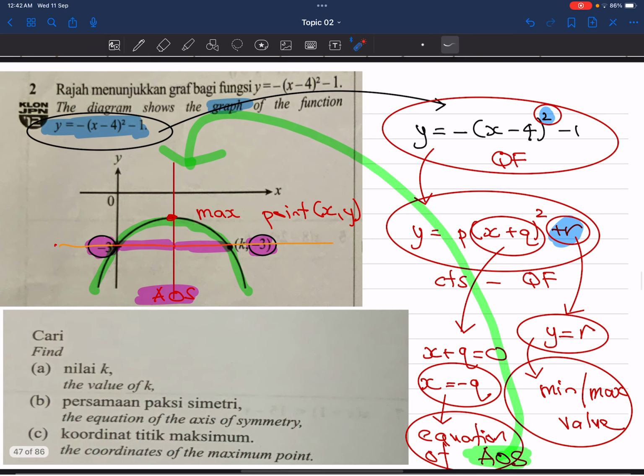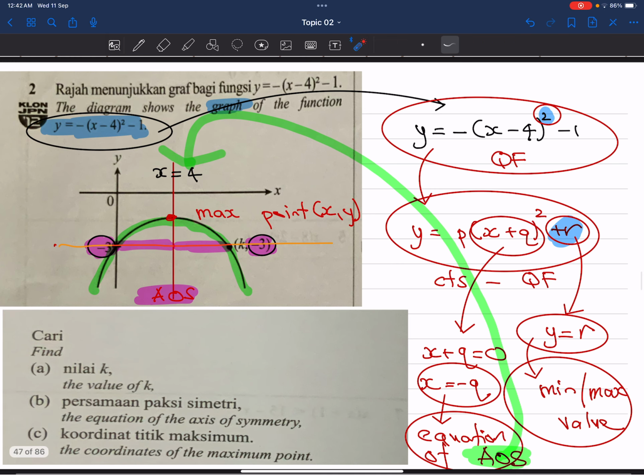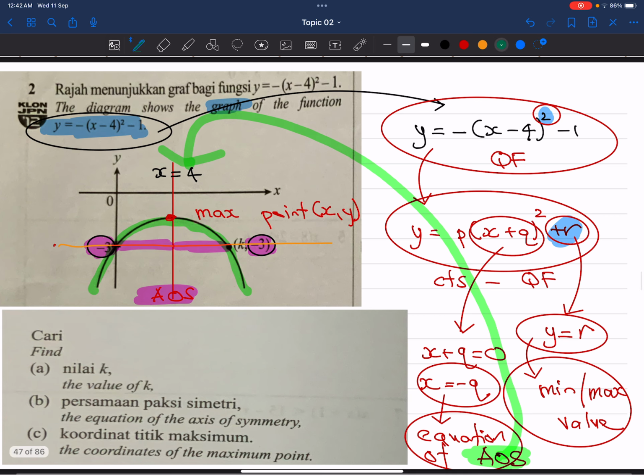I put it back inside, so this is 4, which means this length is 4. Since this length and this length are equal, this is also 4.